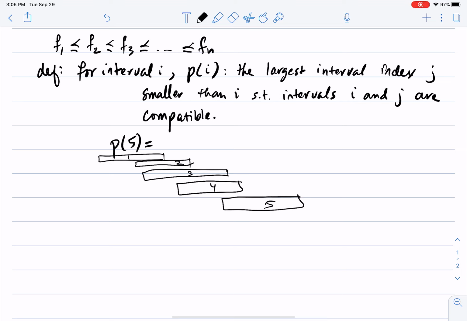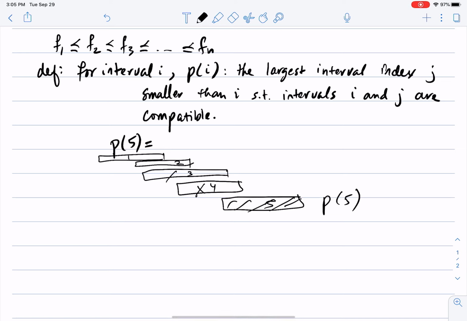Notice that, again, they are sorted by their finish time. 1 finishes before 2, 3, 4, and 5. If I look at interval 5 and want to compute p(5), I'm saying, of the 4 intervals before it, what is the highest index of the one that is compatible with it? 4 is not compatible with it, so I cannot take 4.